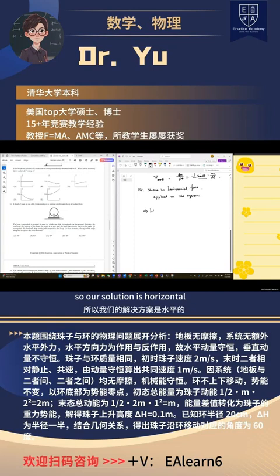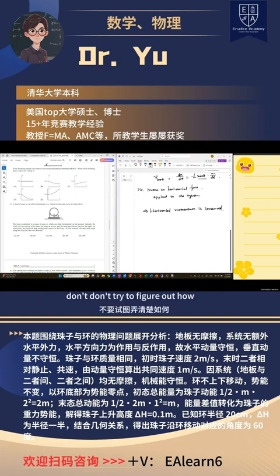So our solution is horizontal, and that's enough. Horizontal momentum is conserved. This is the thought process we should have.